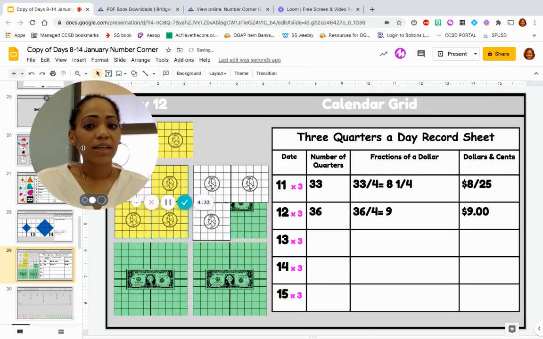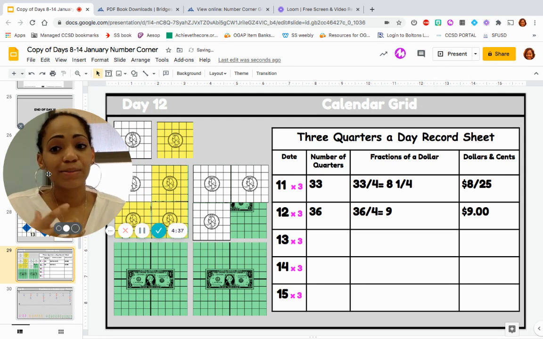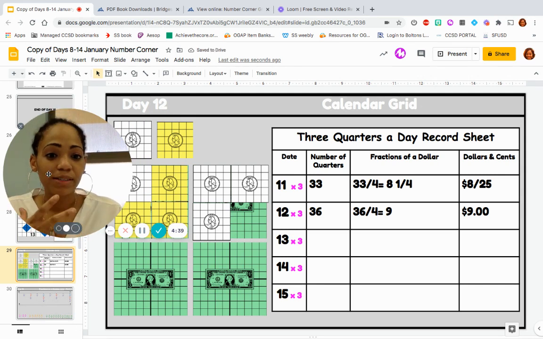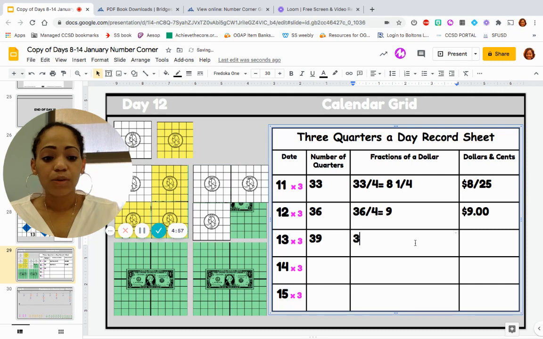So again, it's day 12 of the Number Corner activities, but we've been in school for 13 days. We did have that e-learning day where you didn't see my face. So for day 13 of school, we have 13 times 3. How many quarters do we now have? 39 quarters. We can even look at 36 and add 3 more to it, which means I have 39 fourths.